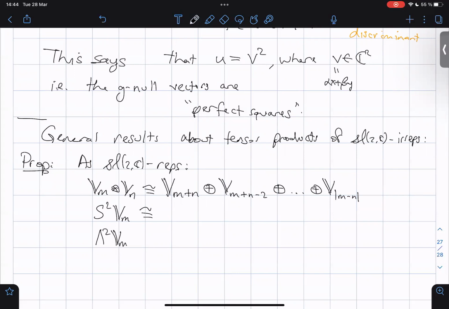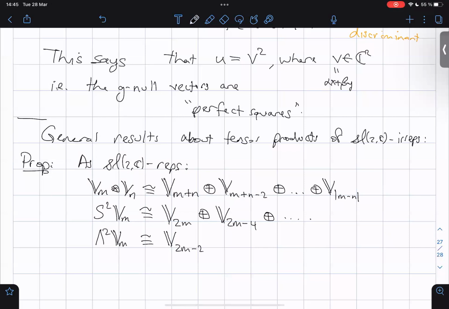What about S^2 V_M? Well, the top one is clearly going to be V_2M. Afterwards, it's a drop by 4, and drop by 4, etcetera. Of course, this subscript cannot go negative. So you just keep going until you have no room left. What about this wedge 2?